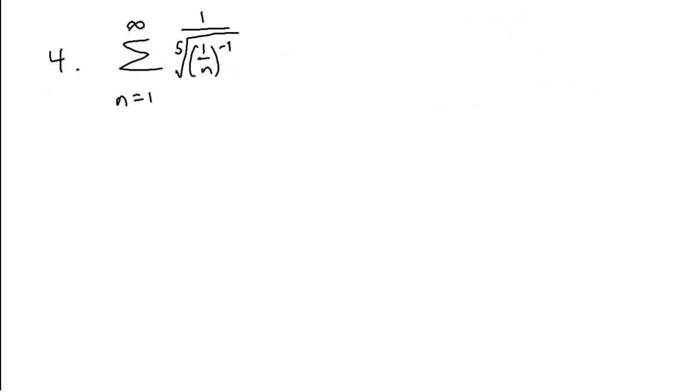And finally, for number 4, we have the series from 1 to infinity of 1 over the 5th root of 1 over n to the negative 1st. Now obviously this is just a matter of simplification, so I'll rewrite 1 over n as n to the negative 1st. So we have the 5th root of n to the negative 1st to the negative 1st power. Whenever you have a power to a power, you can multiply the powers. So you have 1 over the 5th root of n to the 1st.